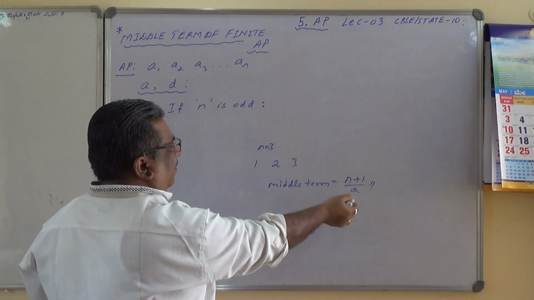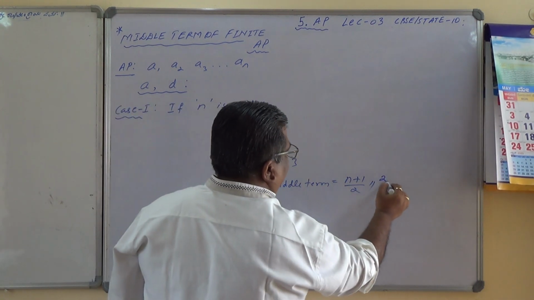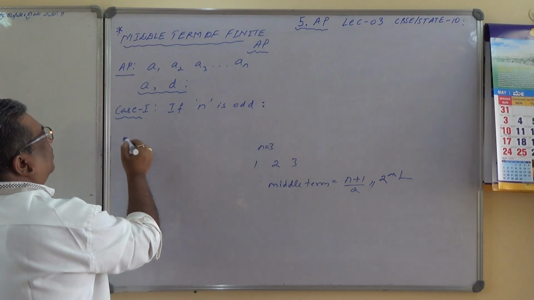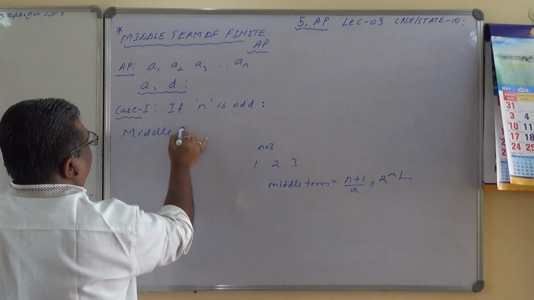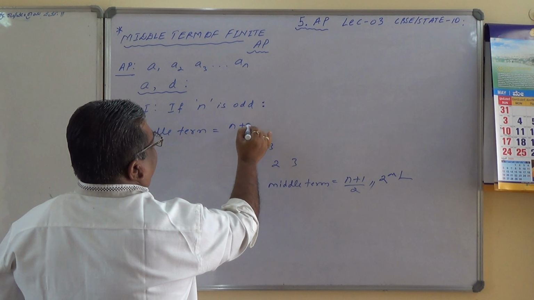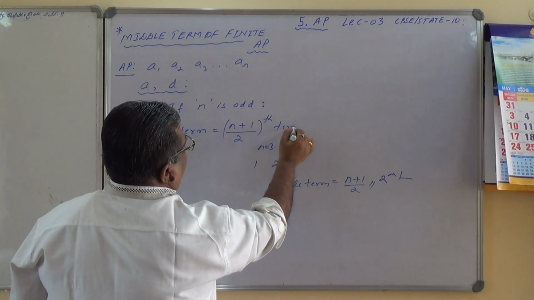3 plus 1 is 4. 4 by 2 is 2. Second term is the middle term. Isn't it? So here second term is the middle term. Therefore, n is odd, then middle term is n plus 1 by 2th term.